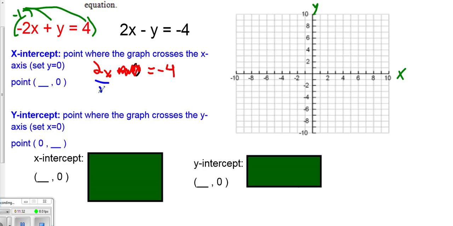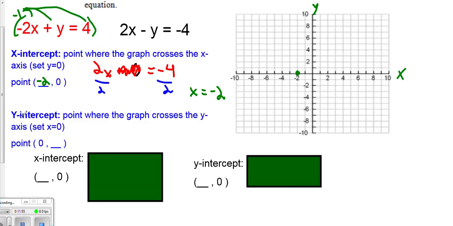So we would divide both sides by 2. And we'd find that x equals negative 2. So it has to be this point negative 2, 0. I'm going to go ahead and graph that right now. Negative 2, 0 is right here. That's going to be our x-intercept.